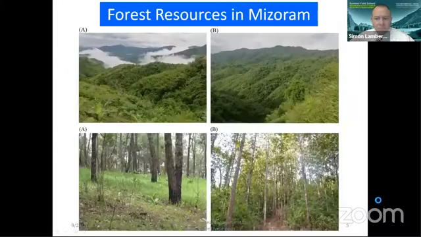When you see the forest area, because this is all hilly region called the eastern extension of the Himalaya, you can see in the first and second pictures, it is all bamboo forest. There are about 27 species of bamboo, and very useful, but it is unused, because it is located in a very remote, inaccessible area.